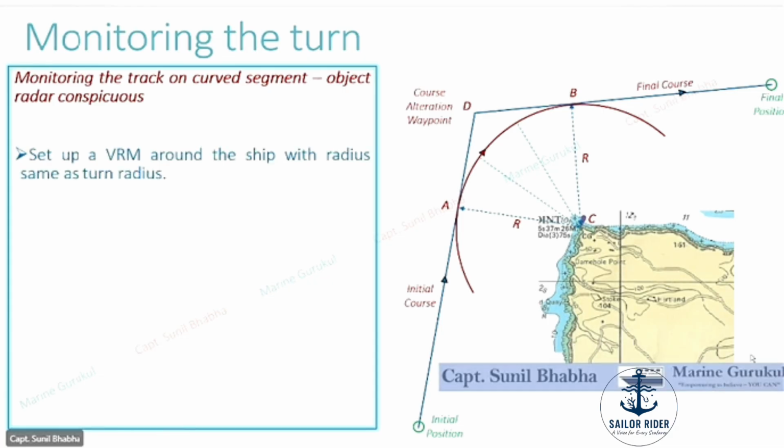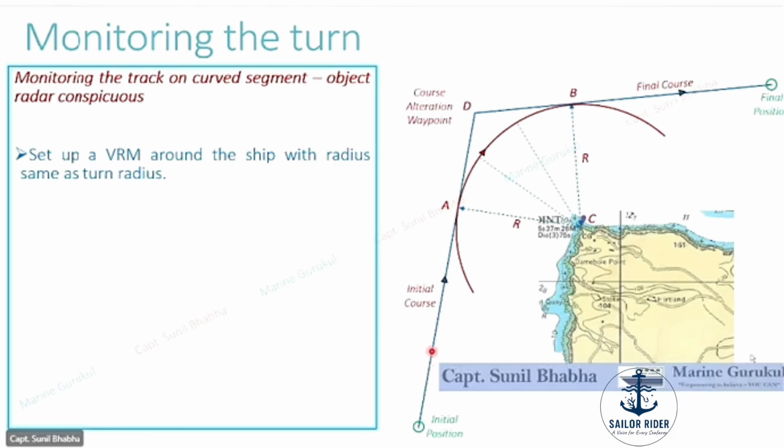A very simple technique is to set up a VRM around the ship with radius equal to our planned turn radius. So we have planned our turn using radius R. Using the same radius, we set up a VRM on the ship when it is proceeding on the initial course.